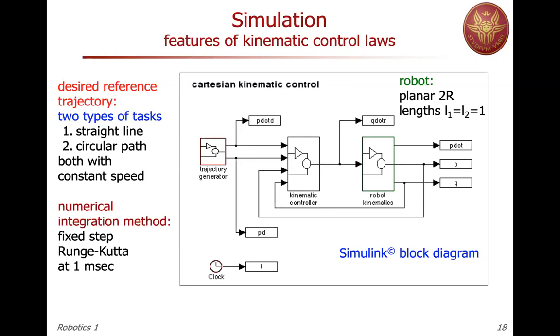In both cases, we don't care now about a smooth timing law. We just fix a constant speed. Indeed, reproducing a constant speed from the beginning is physically impossible if we start with zero speed. But since we are commanding velocity, we don't care about this inconsistency.